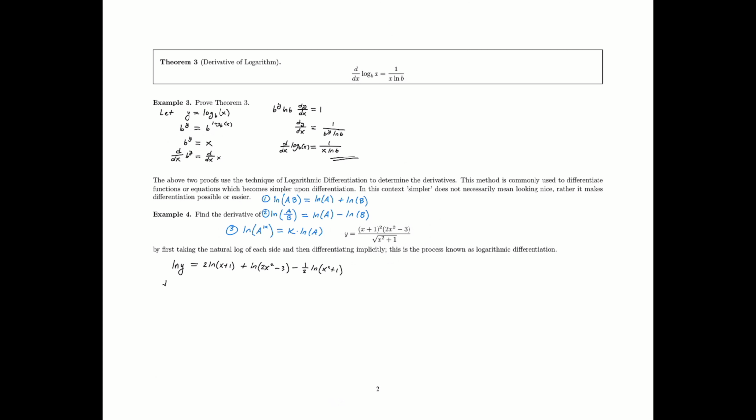Now we can differentiate both sides. All right. So the left-hand side is 1 over y dy dx equals, now we've got a bunch of logs here.